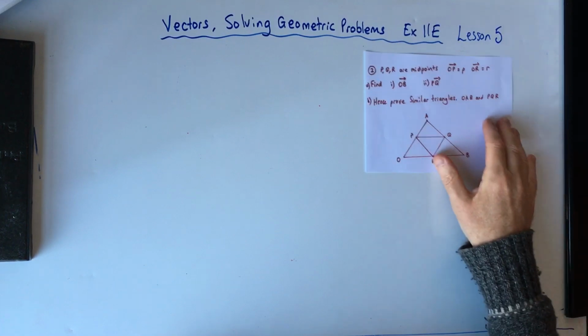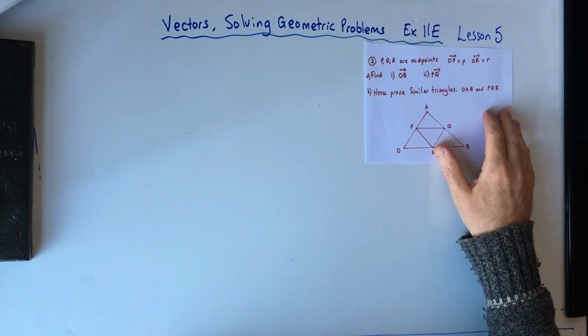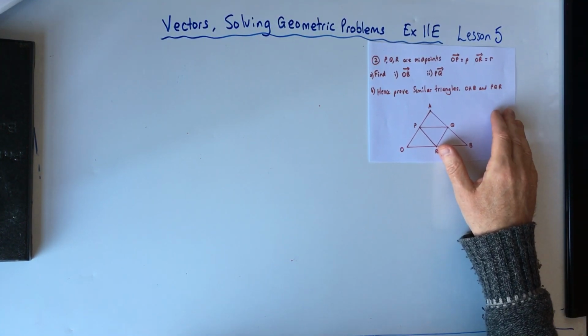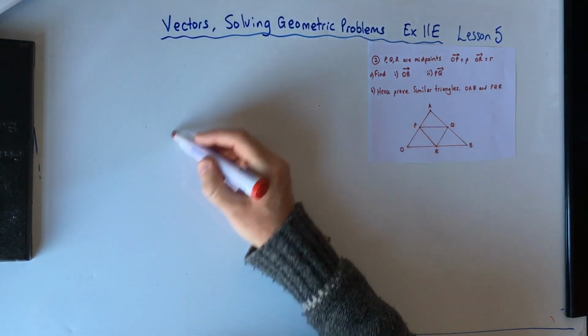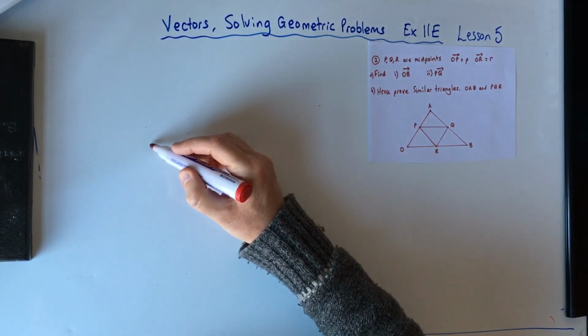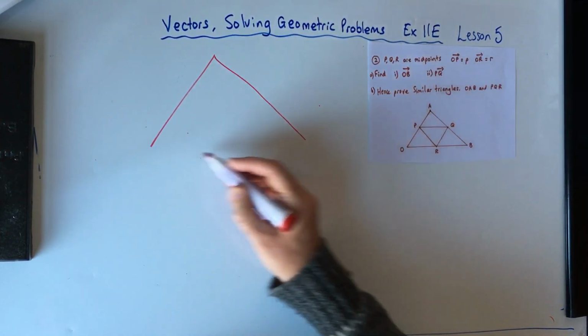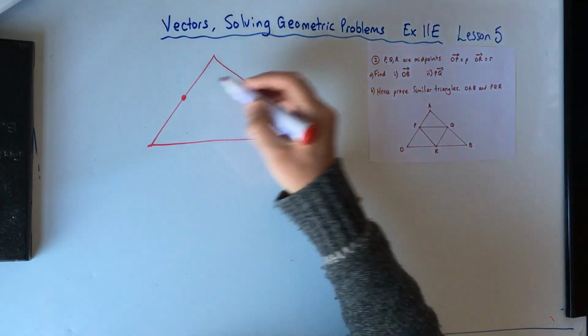I'm thinking as I'm doing these as well, so I hope I don't make any mistakes, but bear with me if I do. I will spot them and correct them. Okay, on this triangle here, these are all the midpoints.